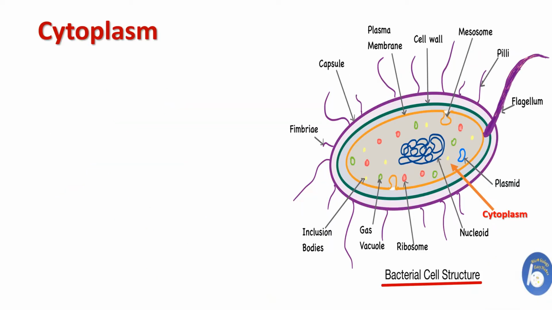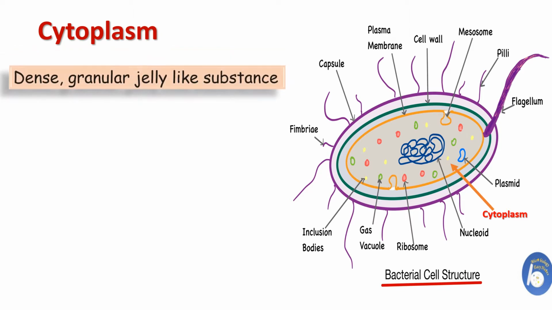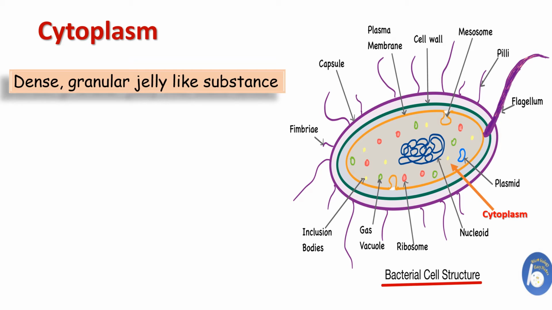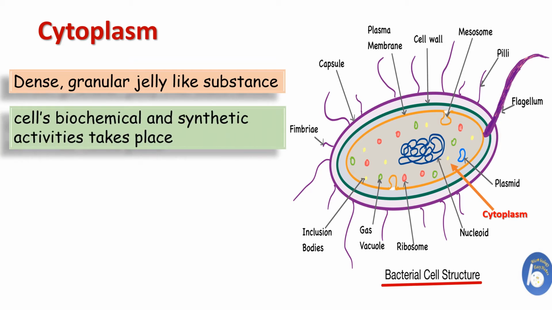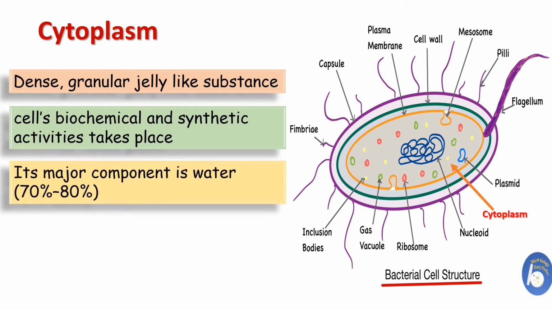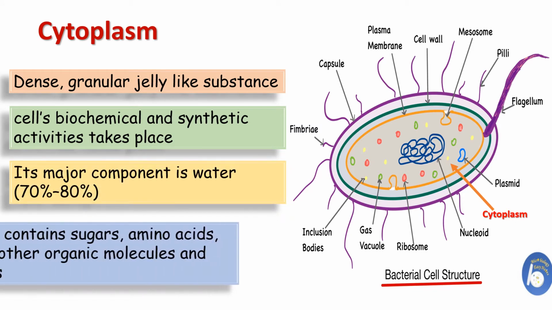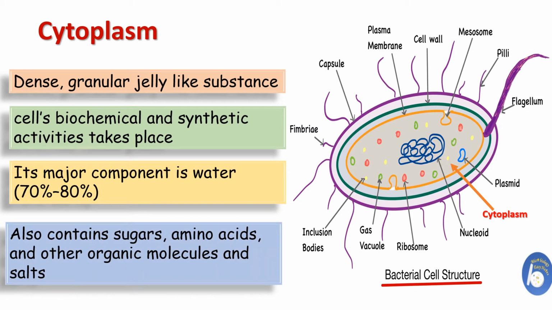The cell membrane surrounds a complex solution referred to as cytoplasm or cytoplasmic matrix. It is a dense, granular or jelly-like substance. This chemical pool is a prominent site for many of the cell's biochemical and synthetic activities. Its major component is water. It serves as a solvent for a complex mixture of nutrients including sugar, amino acids and other organic molecules, and salt.